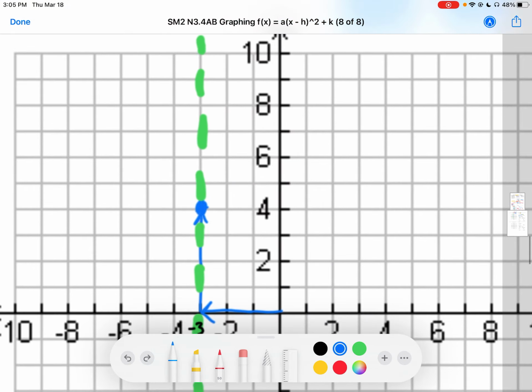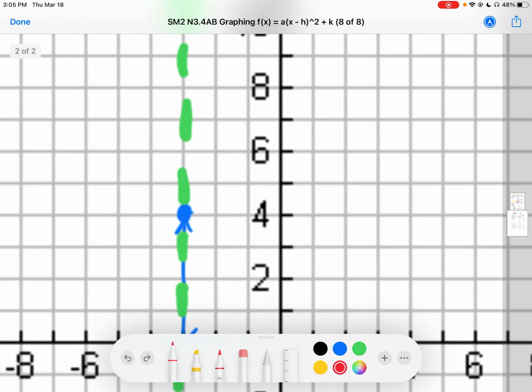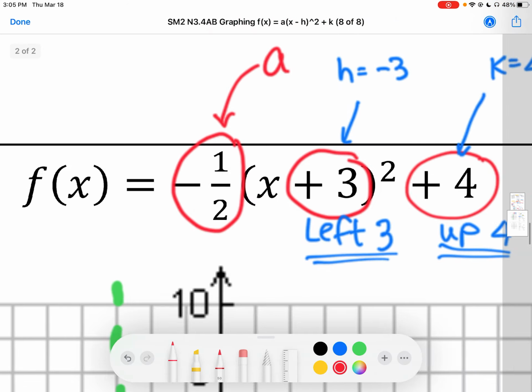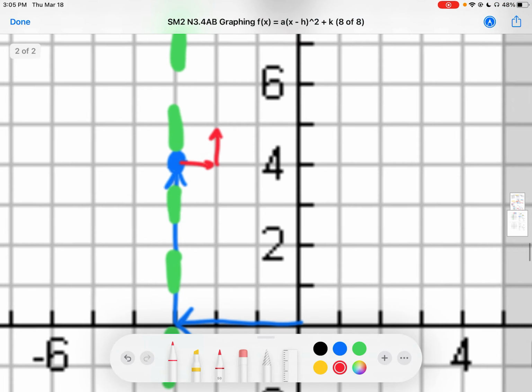But basically just look at the graph and say, okay, when we move in either direction, the parent function normally goes over 1 up 1, right? But I have a 1/2 for A. So instead of going over 1 up 1, I'm only going to go a half. And I'm going to go down instead of up because it's been a reflection.